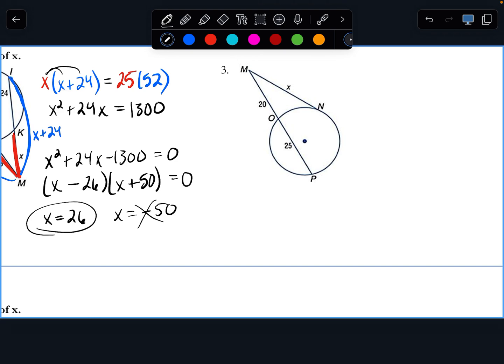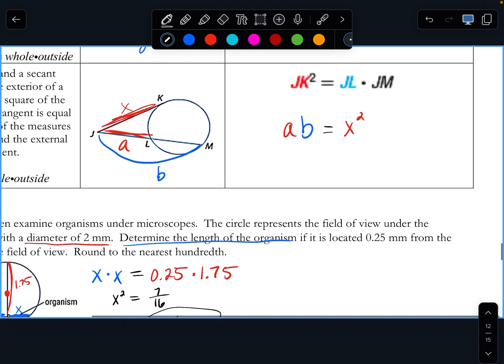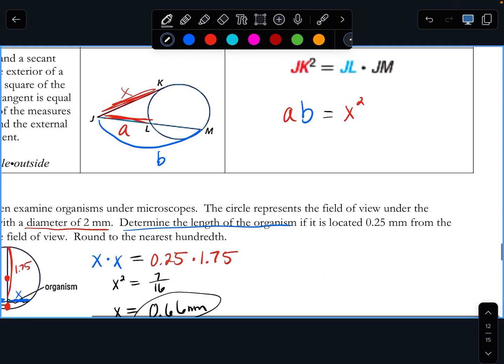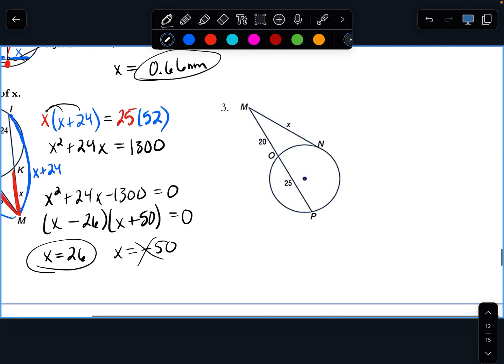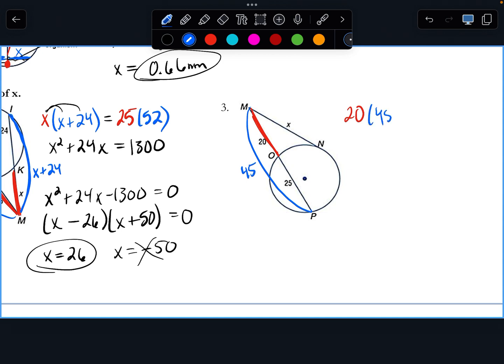This next one, this is the last one, like that tangent one. So what I'm going to do for setup is you're going to go 20 times the whole thing. So what is that, 45 if you add them? So 20 times 45 equals, and this is the one where it's kind of weird.